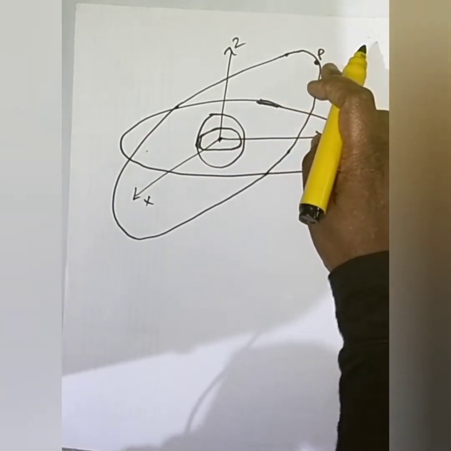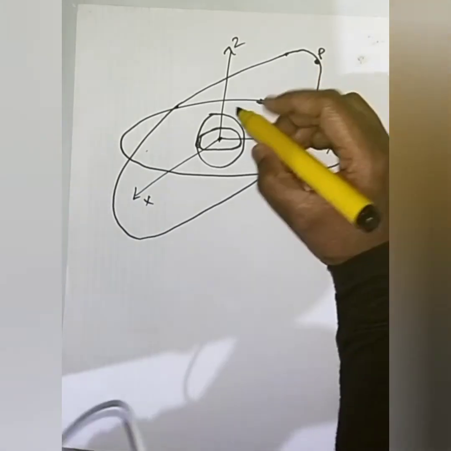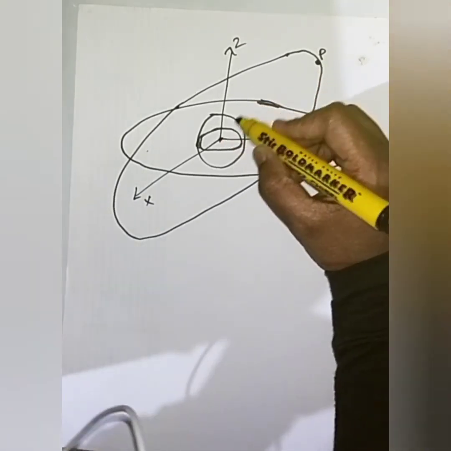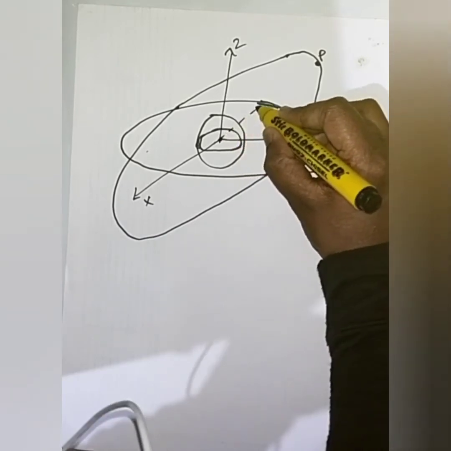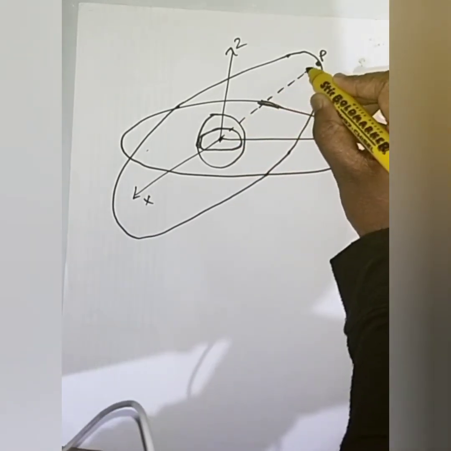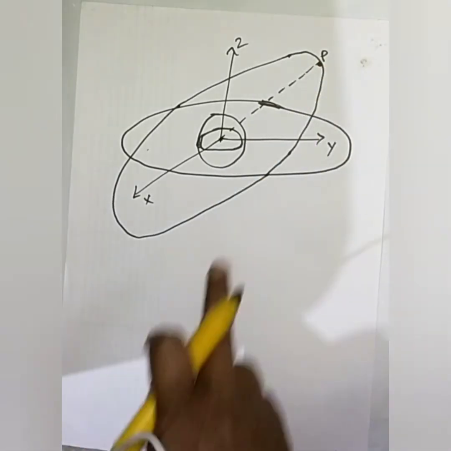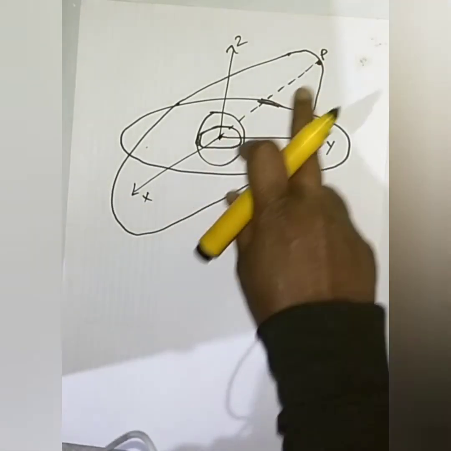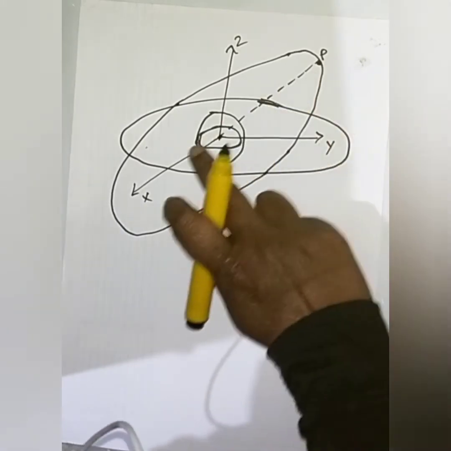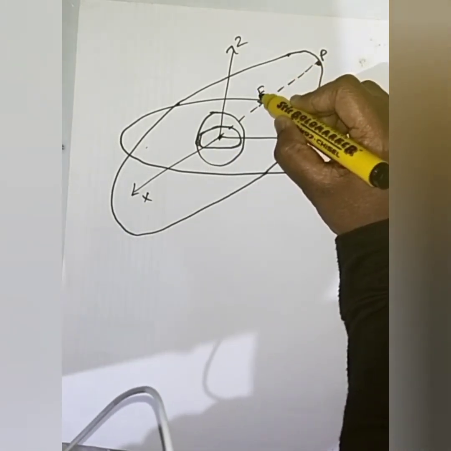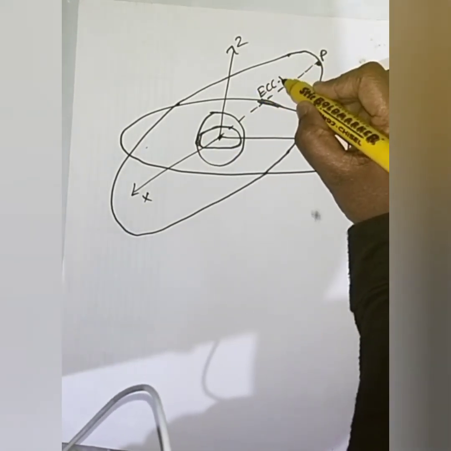So we can call this point the perigee. The line from the central point of the Earth to this perigee point is called the eccentric vector.